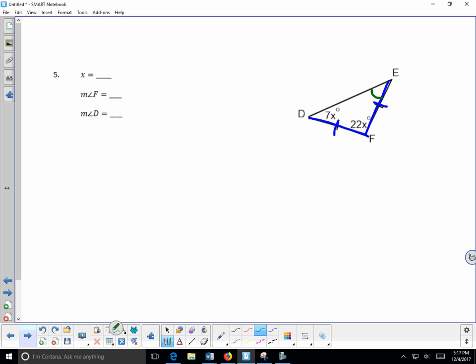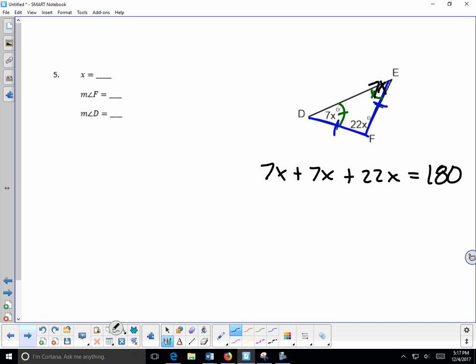That's angle E. What angle is across from EF? That's angle D. So these are the two congruent angles, not D and F, but D and E. So that means that this angle here must measure 7x also.